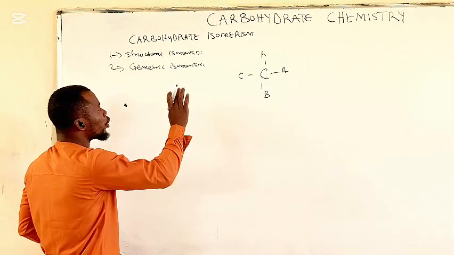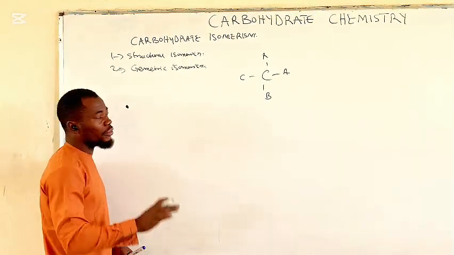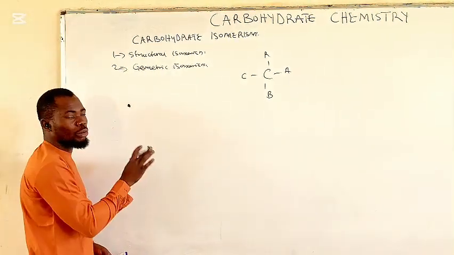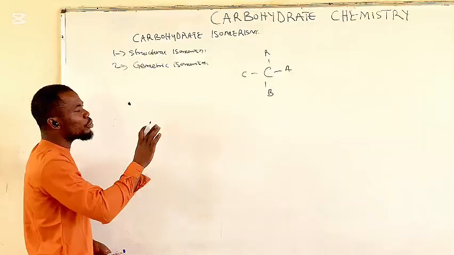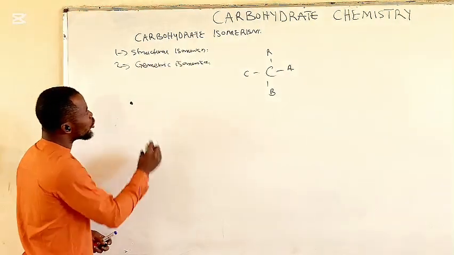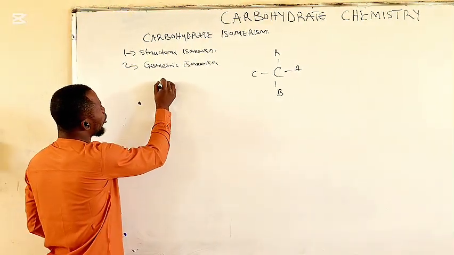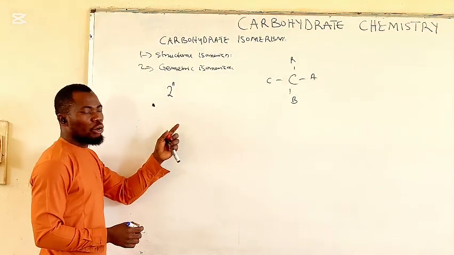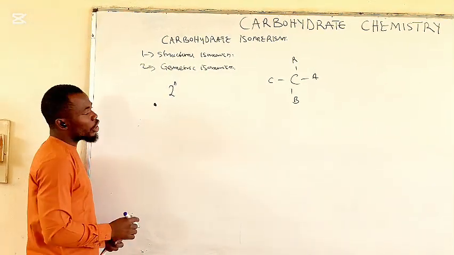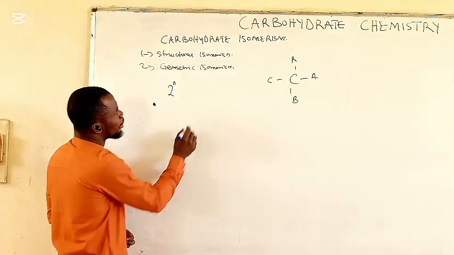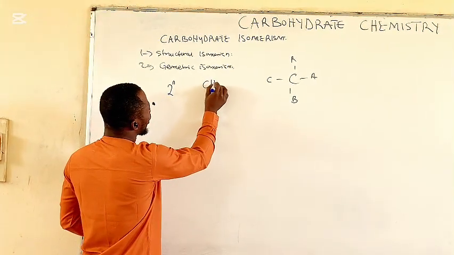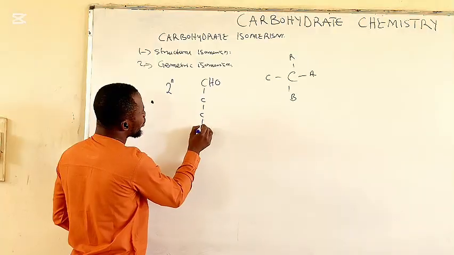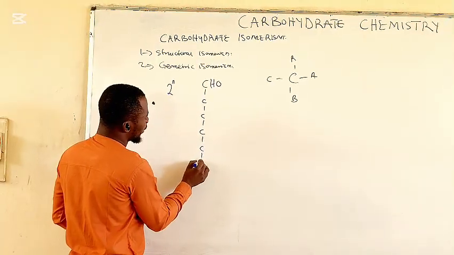The number of possible isomers a molecule can have depends on the number of asymmetric carbon atoms that the molecule has, and the possible isomers can be calculated using the formula 2 raised to the power of n, where n is the number of asymmetric carbons the molecule contains. For example, glucose is a hexose with 6 carbons, 1, 2, 3, 4, 5, 6.